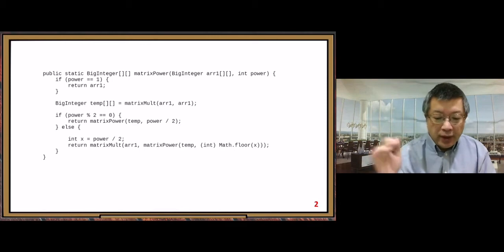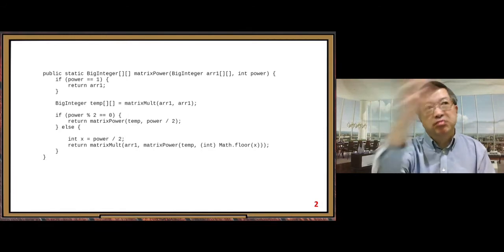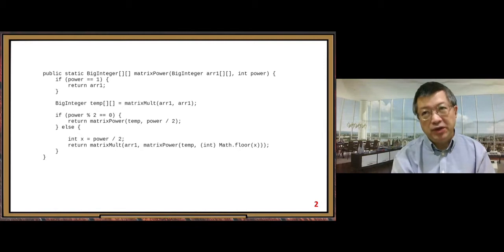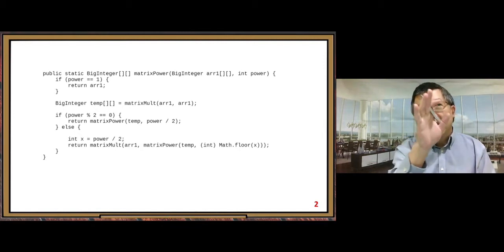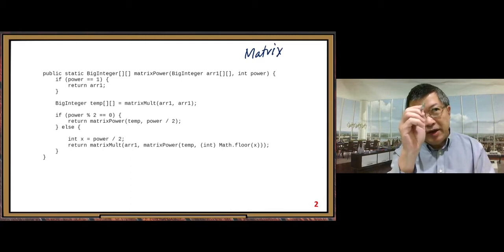All right. In one version, they do not use a formal matrix. They just use a 2D array for the matrix. In other words, they do not define a matrix class, trying to simplify it.